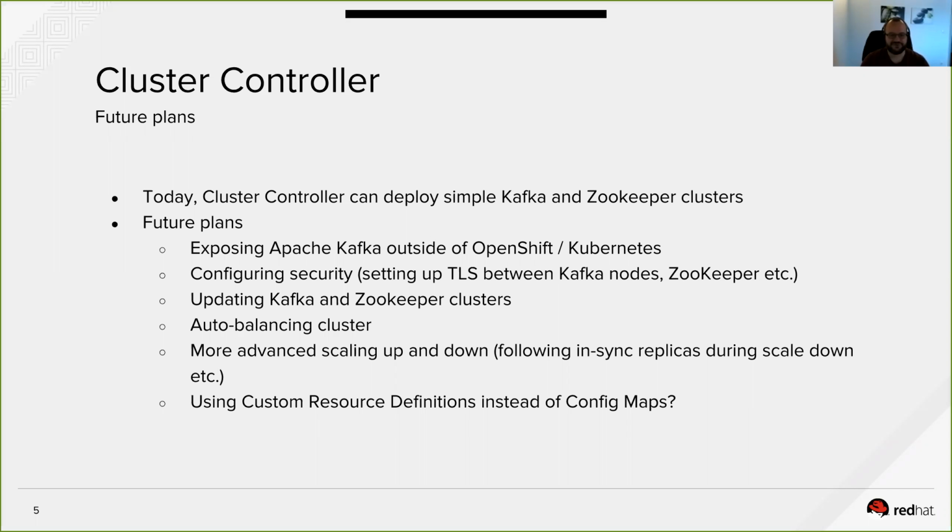There is some work we need to do to make the Kafka cluster accessible outside of the OpenShift cluster. There is some work to do on auto balancing to make sure that the topics and partitions are distributed in this cluster equally and do not put all the load onto one of the nodes, and so on.